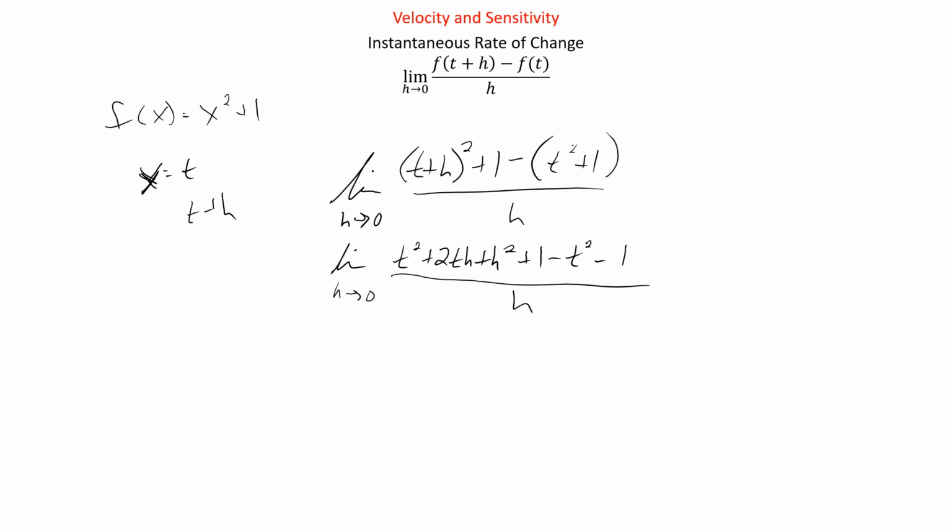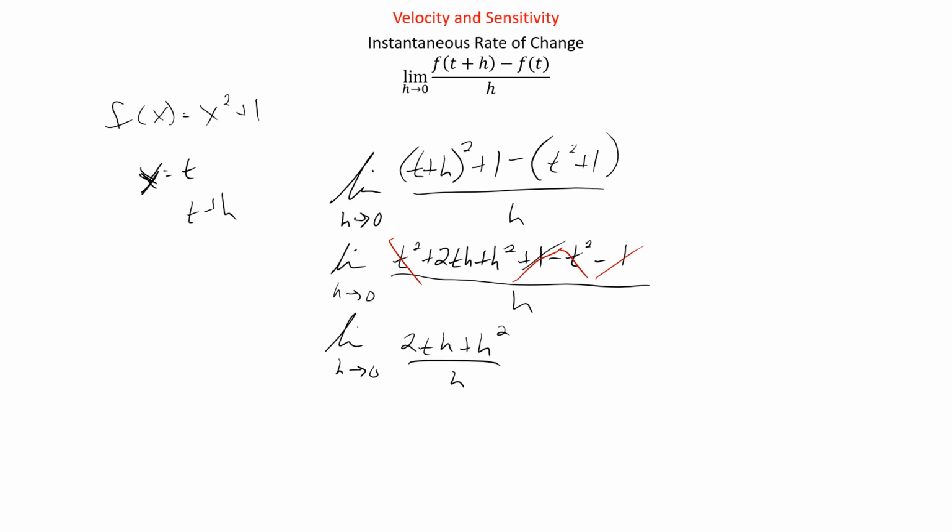Combine like terms: 1 minus 1 cancels itself out. Oh, and look at that, t squared minus t squared cancels itself out. And what we're left with is the limit as h goes to 0 of 2th plus h squared over h.